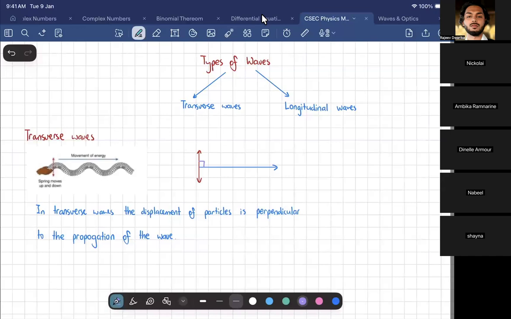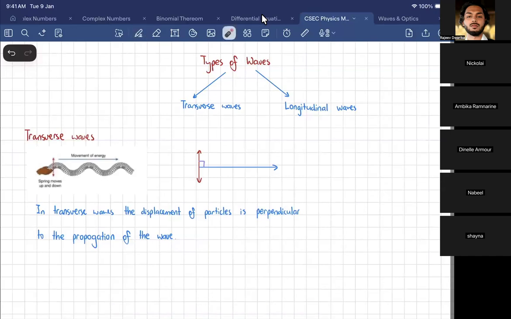So when you say displacement or propagation, does it mean like it's spreading out or no? Let me see if you can figure it out. I wouldn't say spreading out.